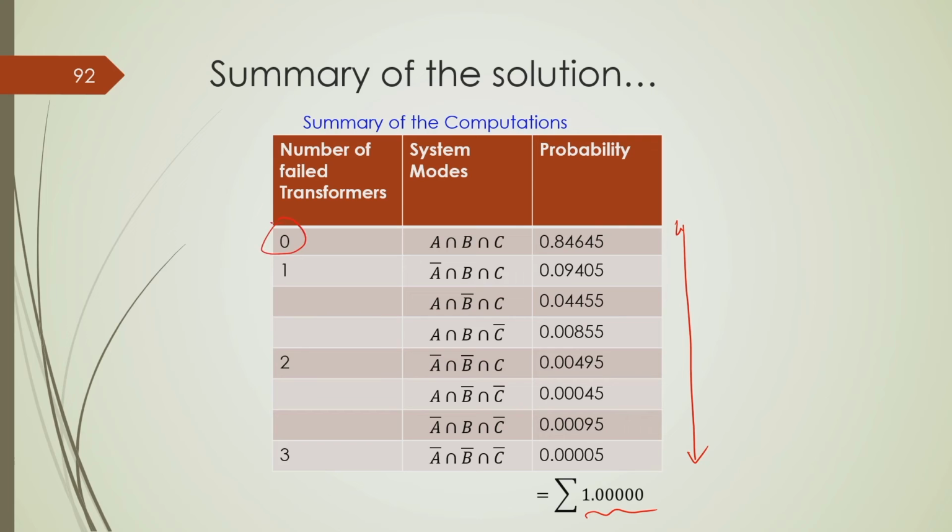So, 0 stands for no failure, 3 stands for all failure, 1 stands for one transformer fault.